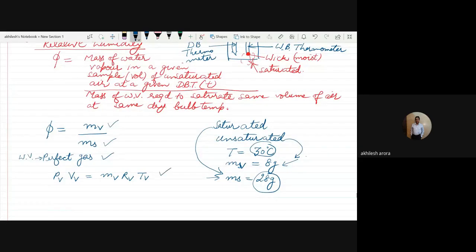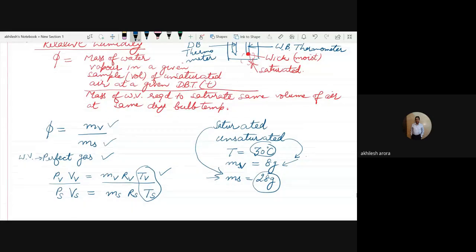This is valid for the unsaturated air sample, and now I am writing the same equation for the saturated: ps Vs is equal to ms Rs Ts. This corresponds to the saturation condition. Now I can divide these two equations. When I divide, you can see this temperature Tv and Ts are both the same because it is the same dry bulb temperature.